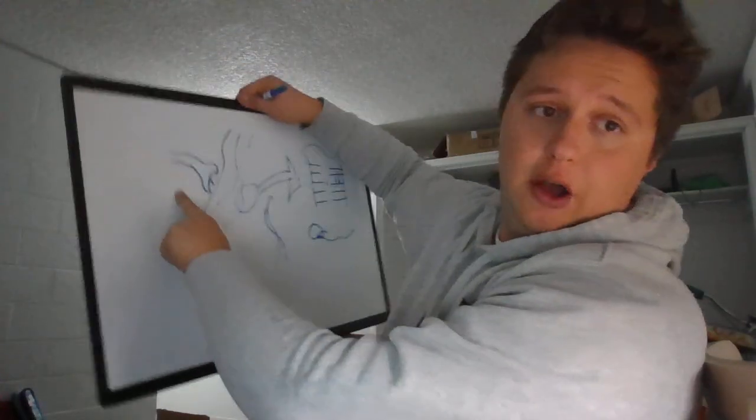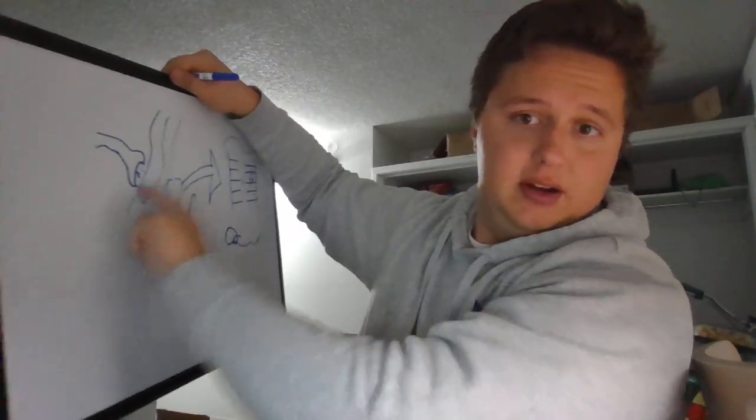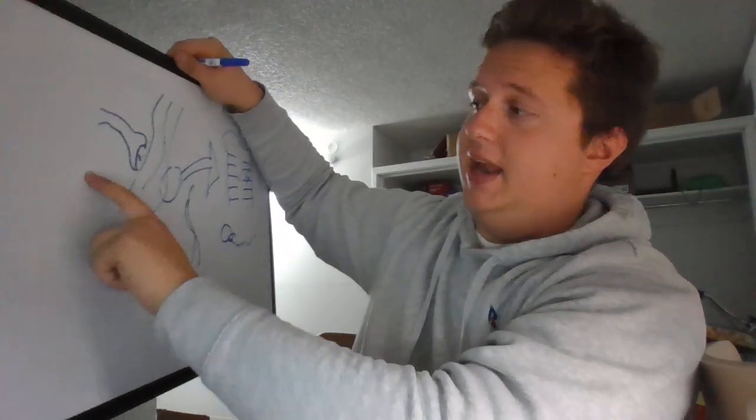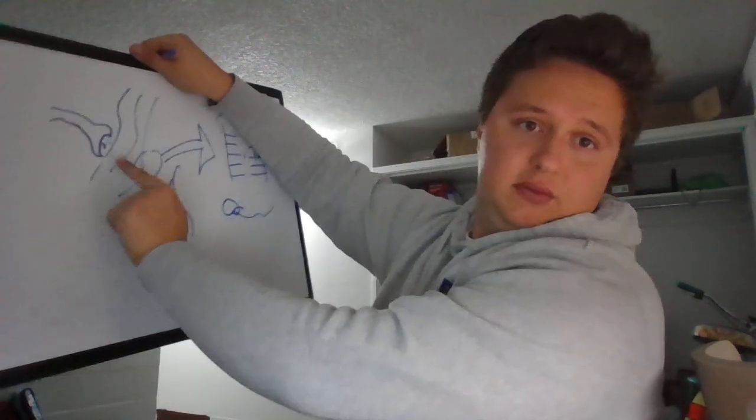There's a motor neuron, and it connects to the muscle fiber. It's called the NMJ, or the neuromuscular junction. It releases acetylcholine, which binds to the sarcolemma, the muscle cell membrane, and that causes depolarization.